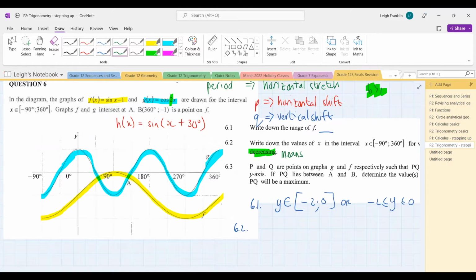Like we all know when something is decreasing, it's getting smaller. But what does it mean as far as functions are concerned?